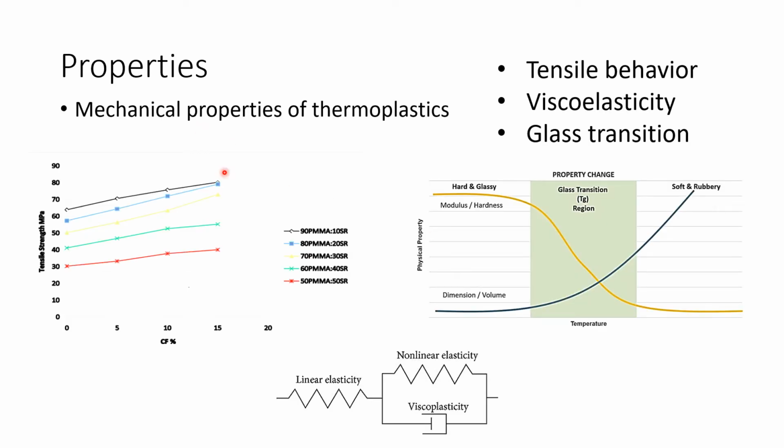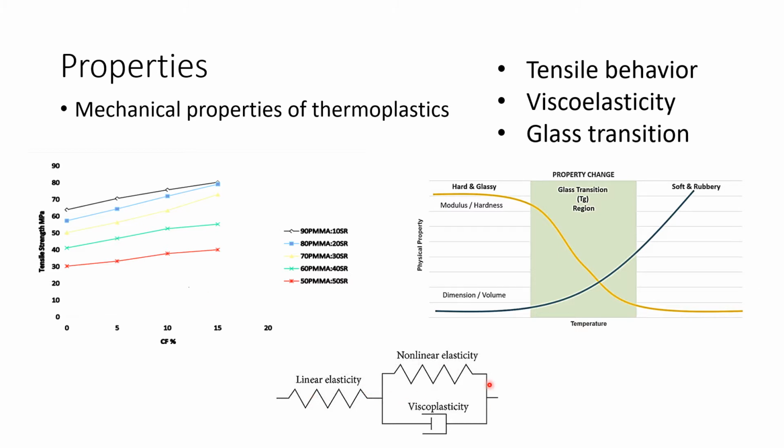Now the mechanical properties of thermoplastics. They have tensile behavior, viscoelasticity, and glass transition. These are the major properties for thermoplastics. Tensile, different strength.